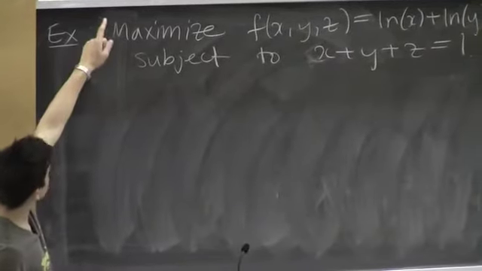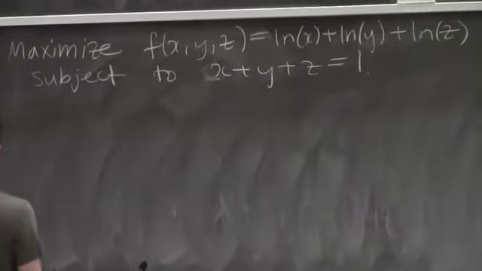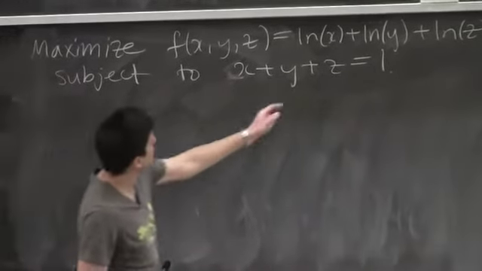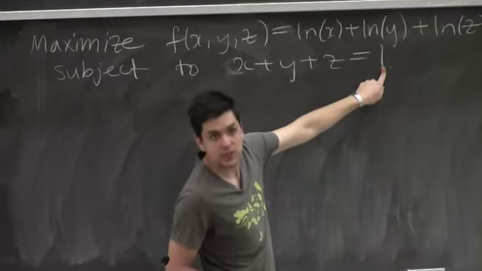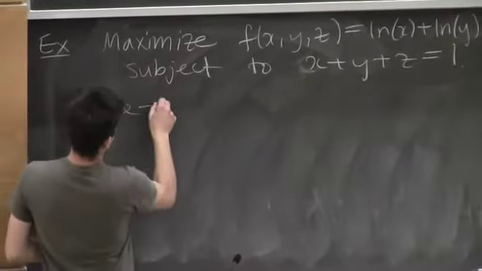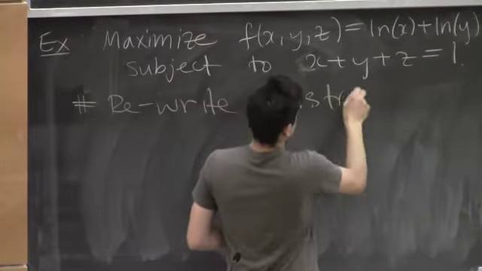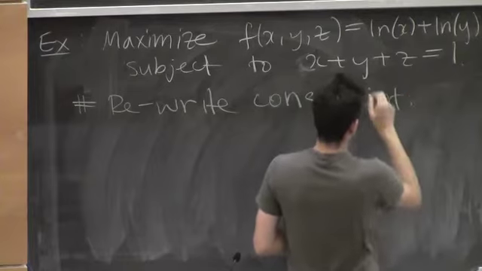Okay, so what do we got to do? We got to set up the Lagrange function. Or sorry, first off, our constraint's given to us this way. We have to rewrite our constraint. Right?